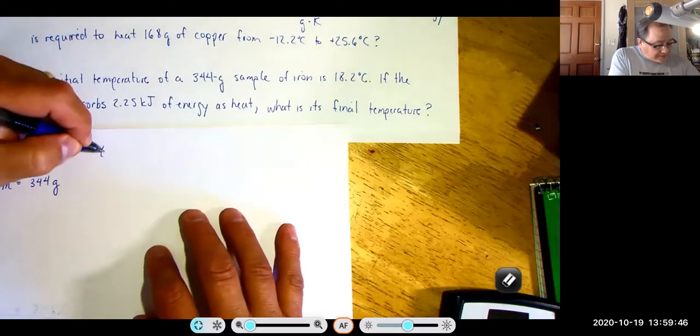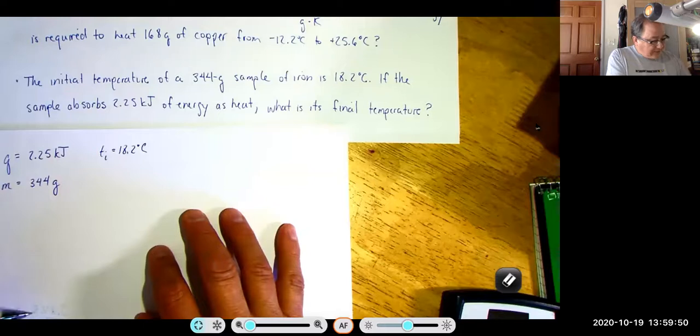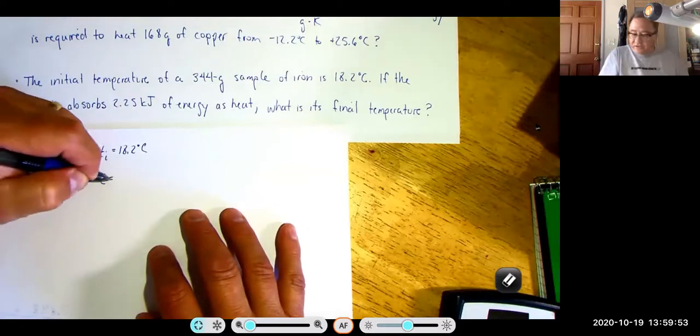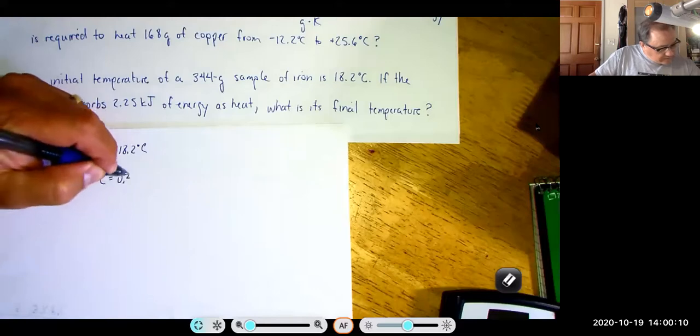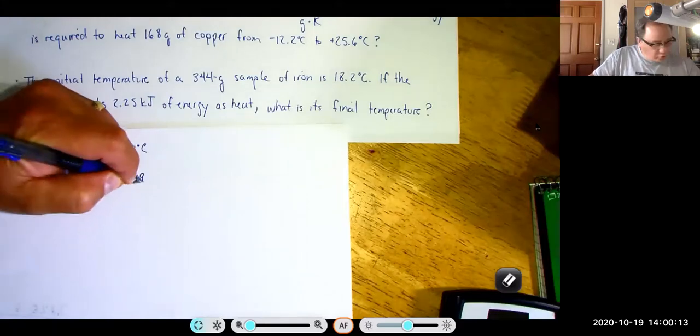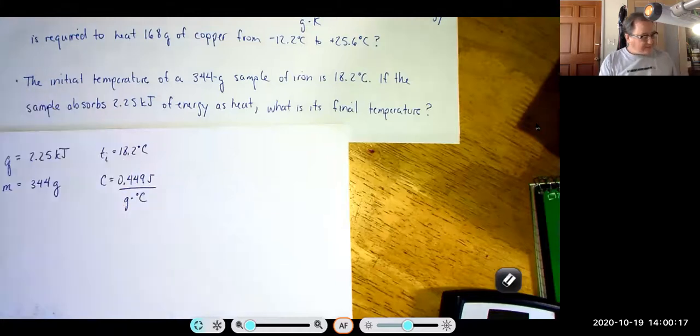The initial temp is 18.2 degrees Celsius. And the specific heat capacity we have to look up. It's in our book, usually towards the beginning of the chapter in a case like this. And so here, I'm going to be looking at iron is 0.449 joules per gram degree Celsius.